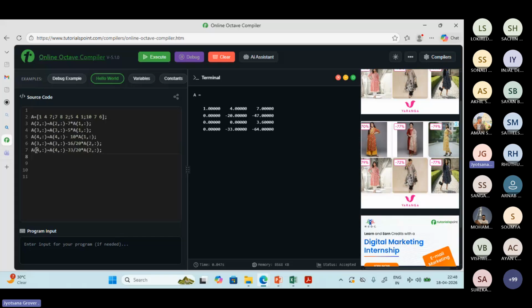Let's see. I think A11 should always be a non-zero entry. This is the leading entry. A11 should always be a non-zero entry for REF, and below the row which has all elements zero, there shouldn't be any non-zero entry.